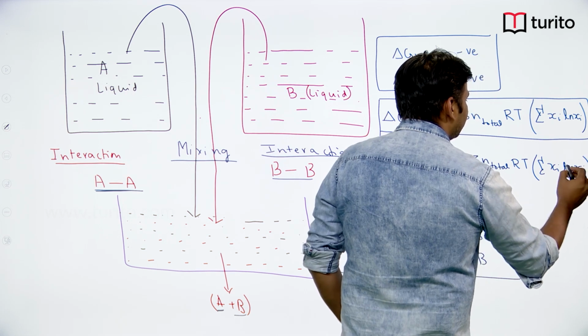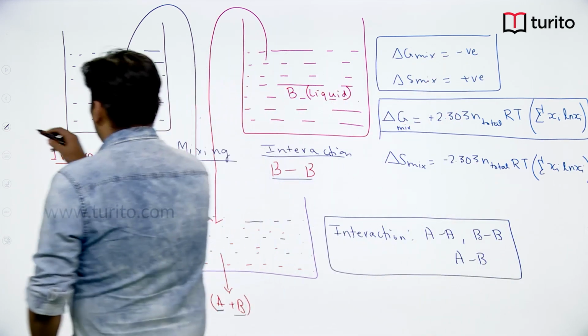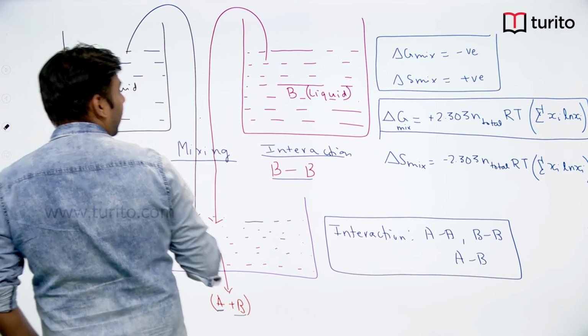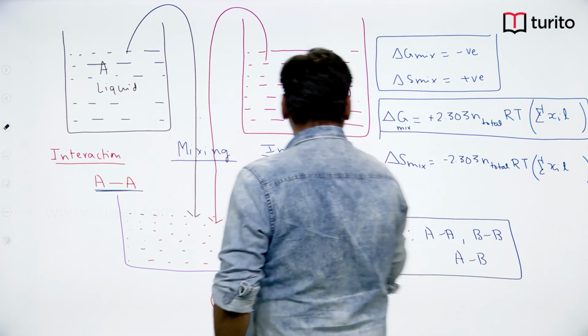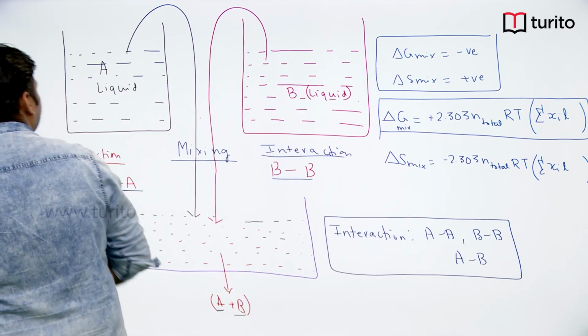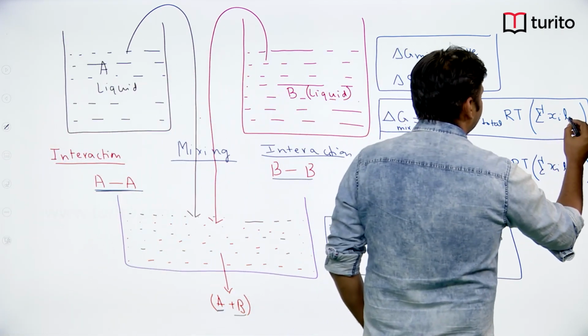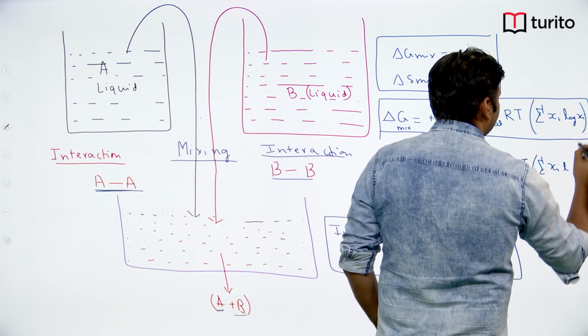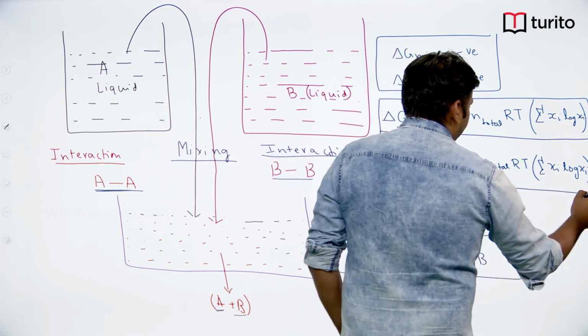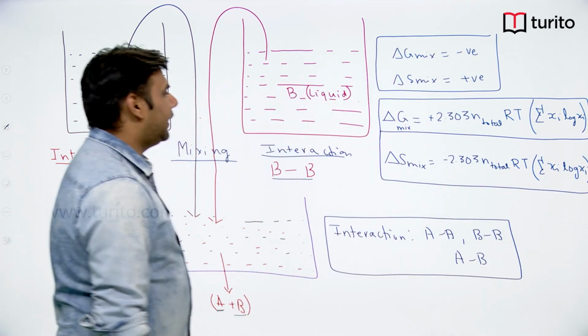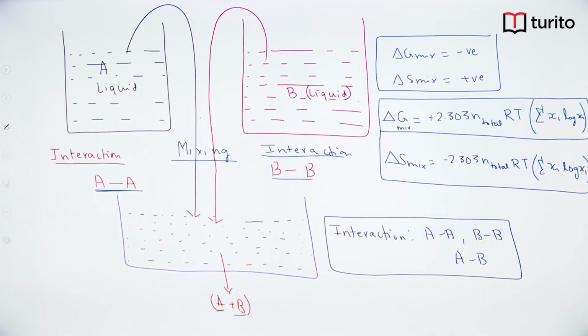Because we have already taken the 2.303 factor, we have to write log here instead of ln, so this would be the summation of Xi log Xi. You can directly use this to find the delta G mixing and delta S mixing of the solution.